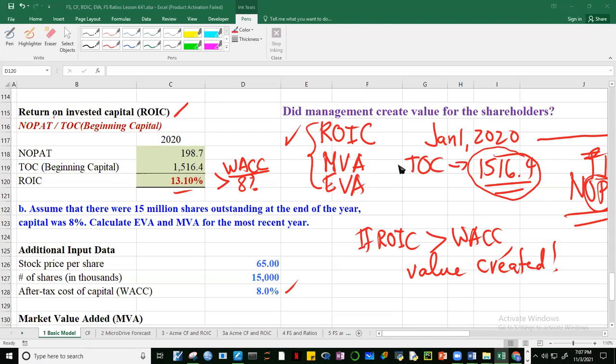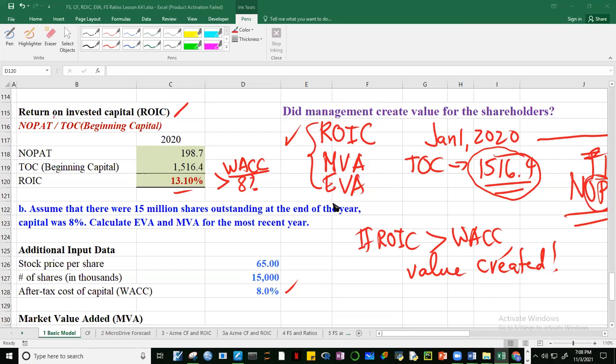Salamat sa responsa. Okay, now, we said that there are two other measures that we can use in order to determine if value was created. Not only ROIC, but we can use MVA, which is market value added.